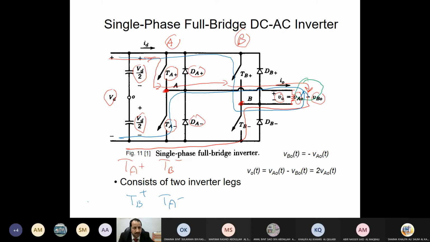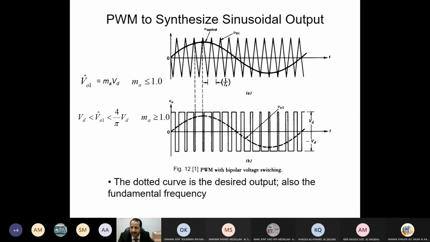This will give double the voltage produced by one leg. So with two legs, it means 2 times VD/2, which is VD. The output will be VD.